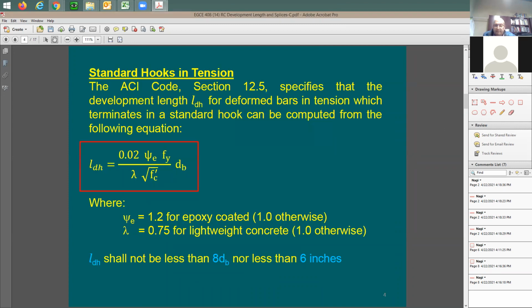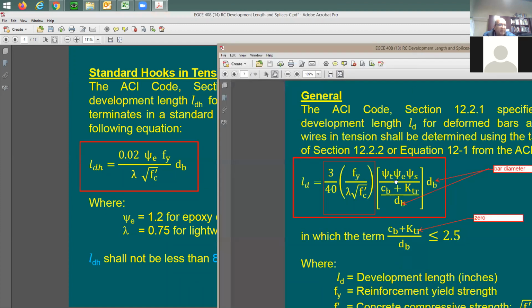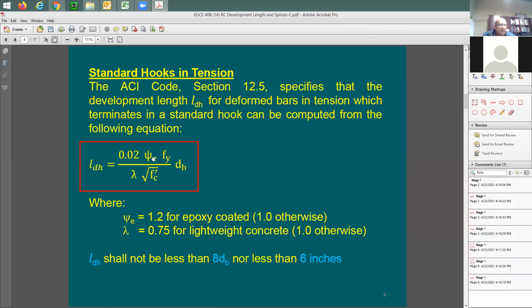Here's the equation. Now compare it with the straight development length. Much simpler. It just has 0.02, psi sub E for epoxy, F sub Y, lambda for lightweight concrete, concrete strength, and rebar size. For psi sub E, I have only two values, 1 or 1.2. If you remember, for the straight development length, I have three values: 1, 1.2, 1.5.